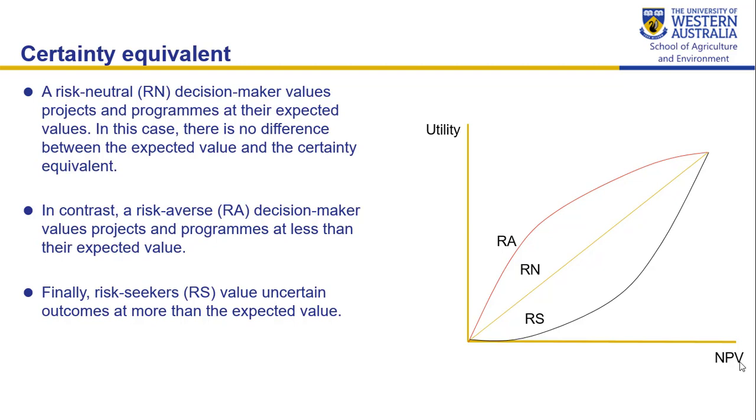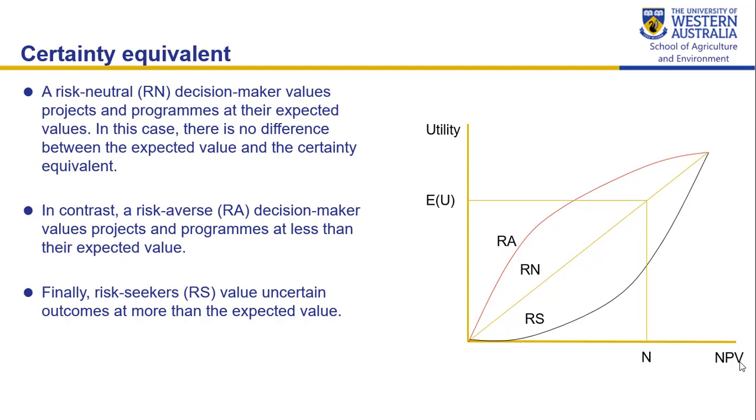Now let's further assume that we have an investment or a project where for a risk-neutral decision maker, they get an expected net present value at the level of n, and the expected utility is at the level of EU. Note the horizontal line which shows where it intersects with the utility function for a risk-averse decision maker.